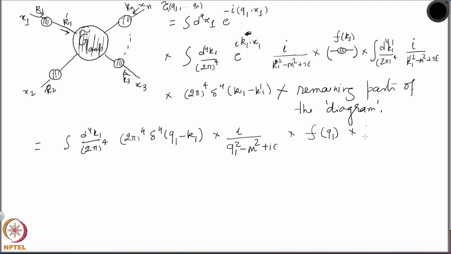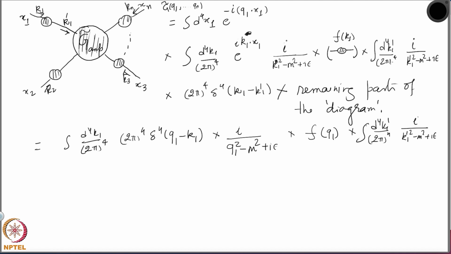Times the integral d4 k1 prime, k1 prime square minus m square plus i epsilon, and actually I can see there is a delta function here which puts k1 prime equal to k1.